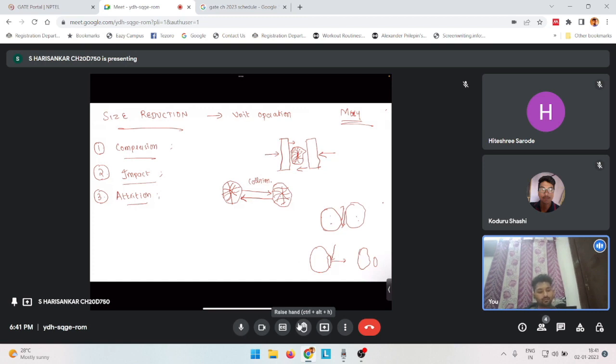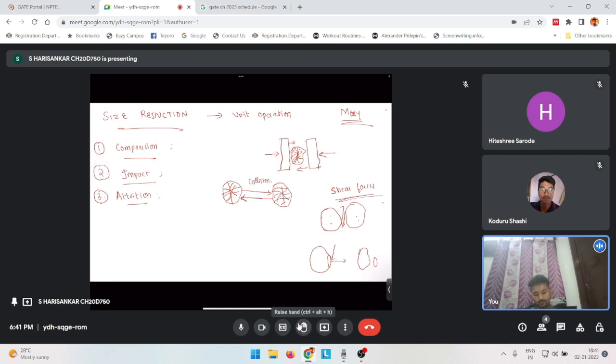These tangential forces, you can even call them shear forces, act on these particles, and using these shear forces, the attrition happens.